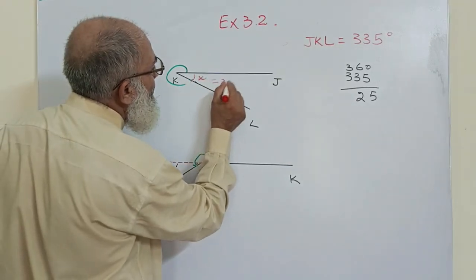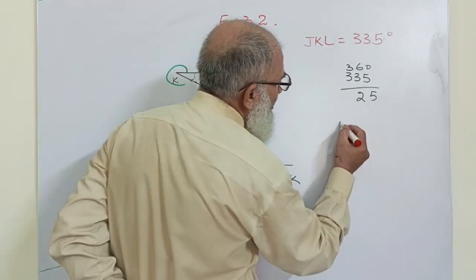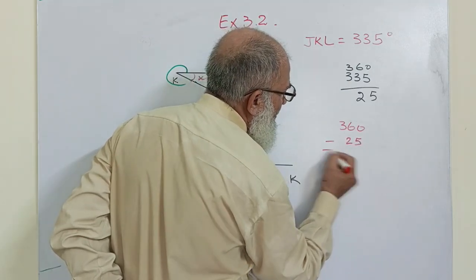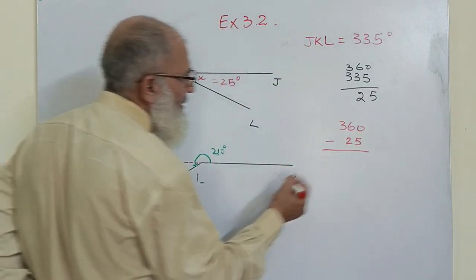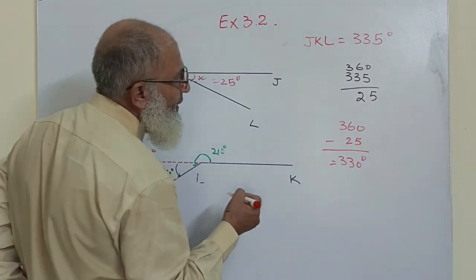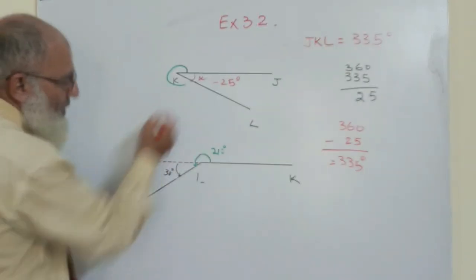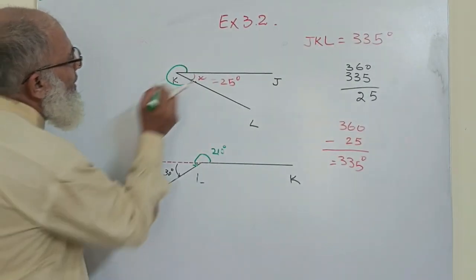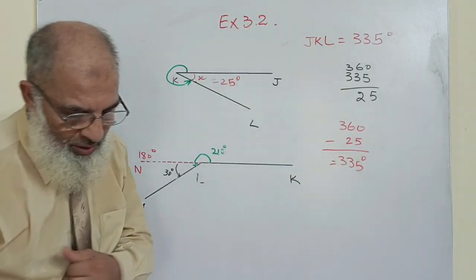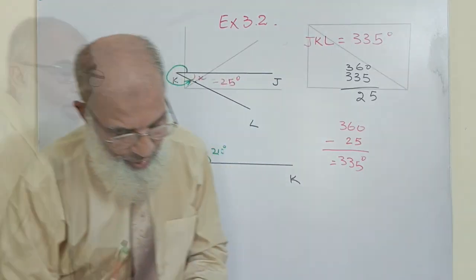Since X is equal to 25 degree, we'll subtract it from 360 degree. Our required angle, which was this one, will become 335 degree.